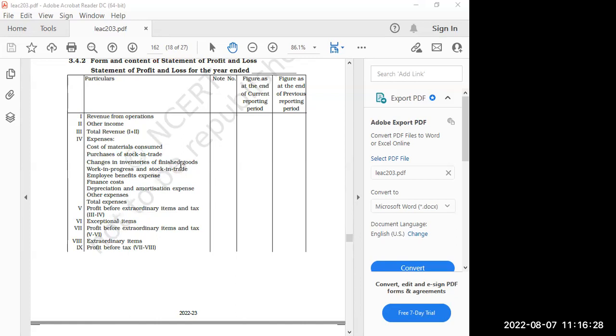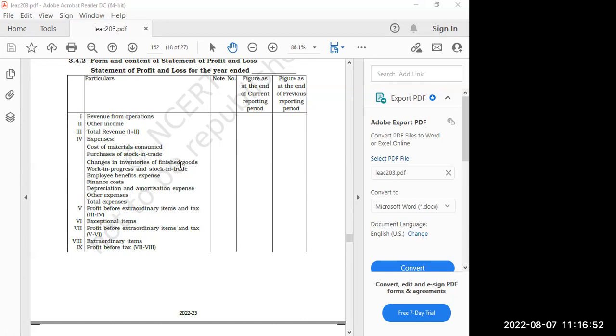Maybe this is not reaching you because some of you may be absent. You know the P&L account, you know the balance sheet. But that is not what I am teaching here. You have to write only this. Why? Because we are studying for companies. Companies should follow only this format. That's why we are doing this. Don't use any other format.